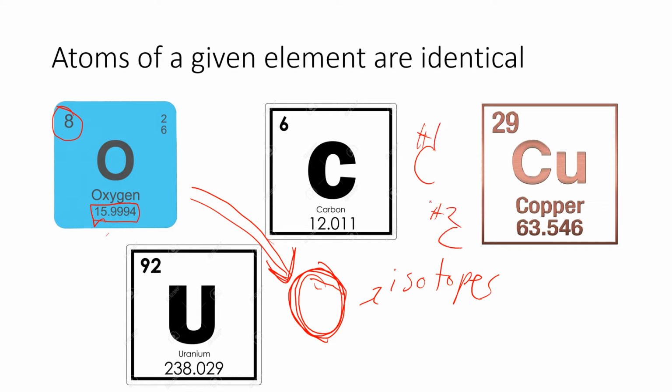They'll be essentially the same. It doesn't matter if you get a copper atom from China or a copper atom from Hawaii, they're going to be identical, and so is uranium and every other element on the periodic table of elements. Each given element is identical.